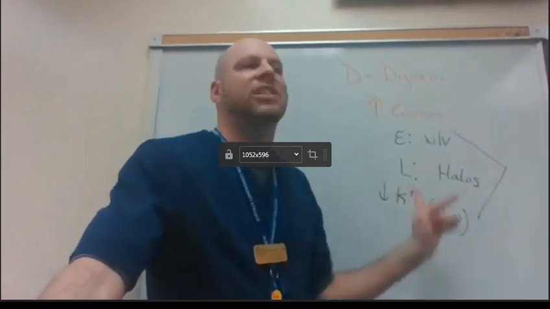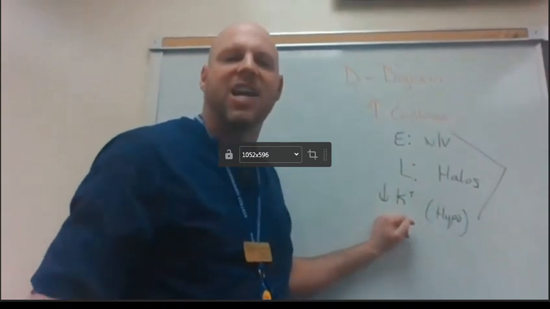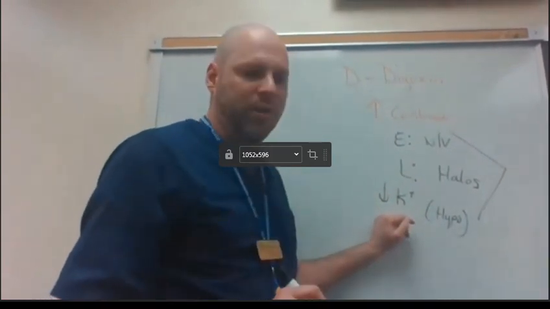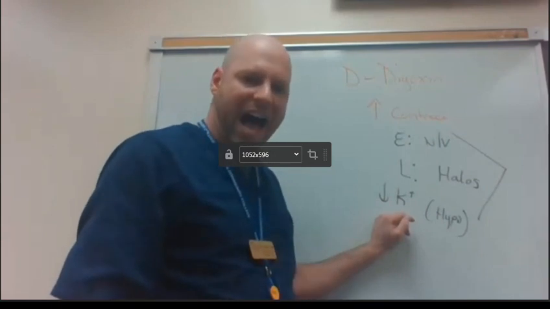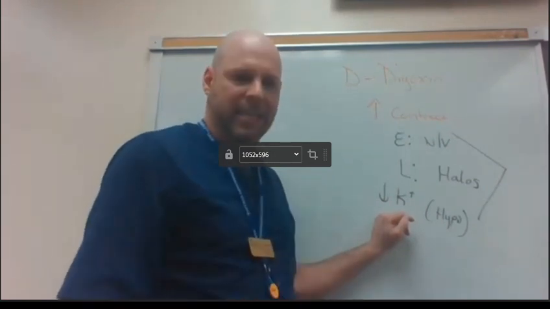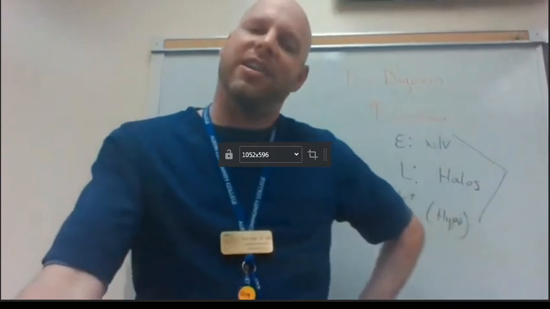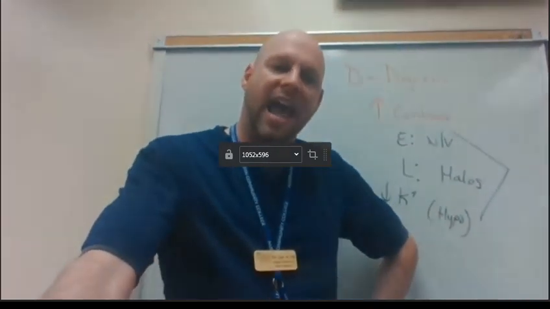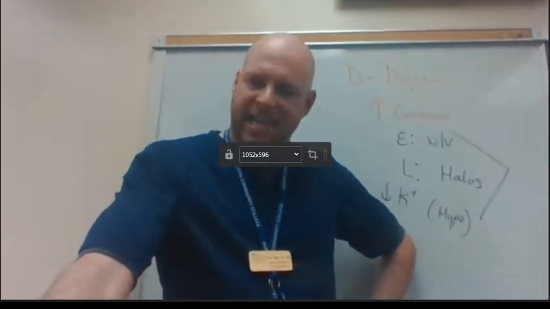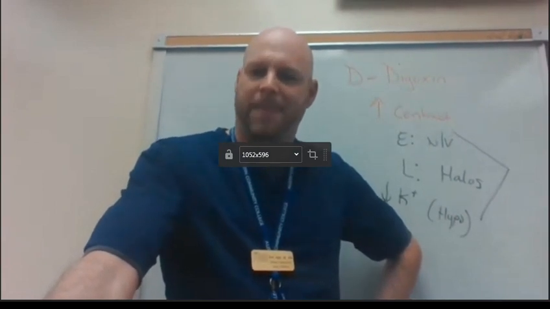Well, this is even extremely important for digoxin, because I know hypo, which means below 3.5, causes digoxin toxicity. Okay? All right. Those are your cardiac medications, A through D, made extremely easy.